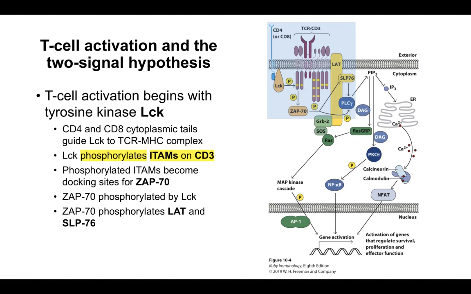Kinases are involved, and the first kinase is LCK, a tyrosine kinase which will phosphorylate these sections of the CD3 when the T cell receptor is engaged. This induces a cascade of events leading to multiple different molecules being phosphorylated. In the end, transcription factors go into the nucleus and change the expression of genes that are important for that cell to survive, proliferate, and have different effector functions.